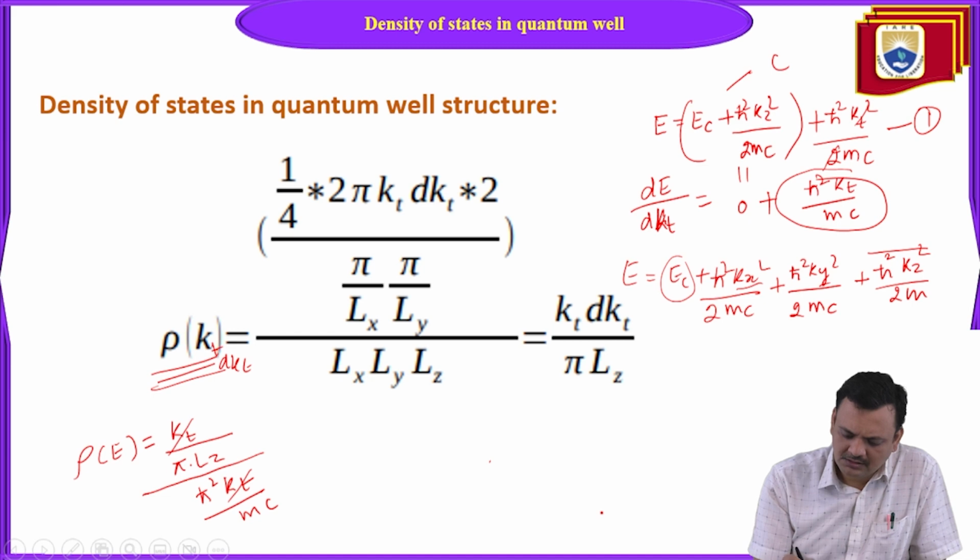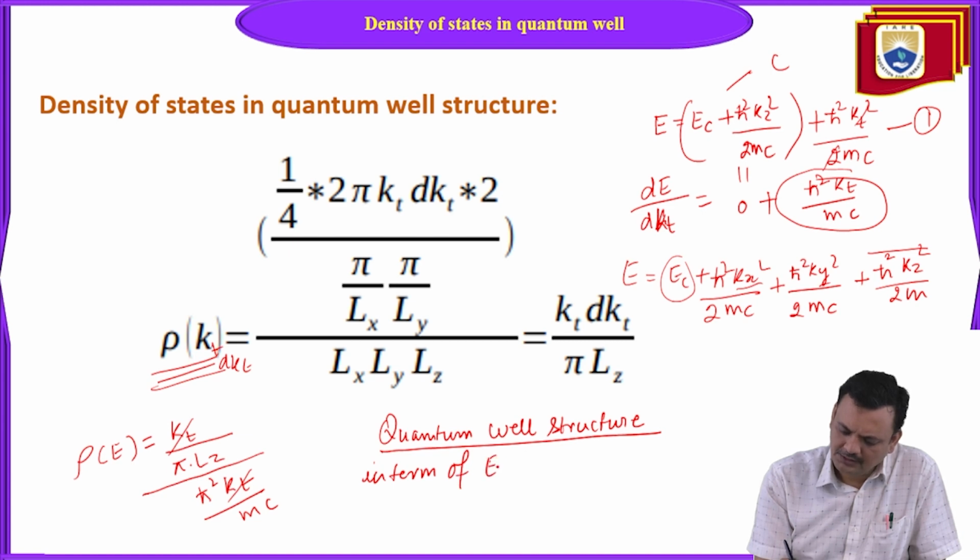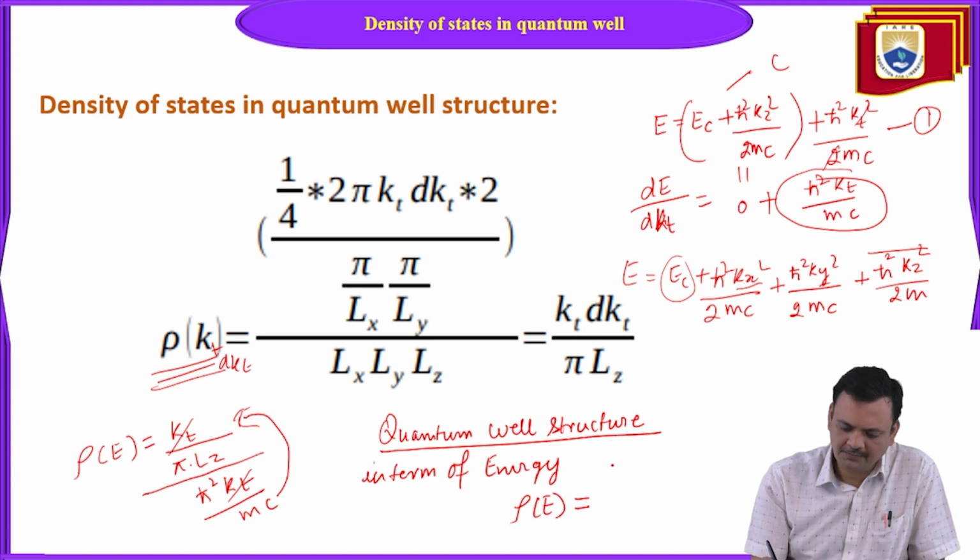Density of state for quantum well structure in terms of energy: rho E is equal to, this mc will go in the numerator, mc upon h cross square multiplied by pi upon Lz.